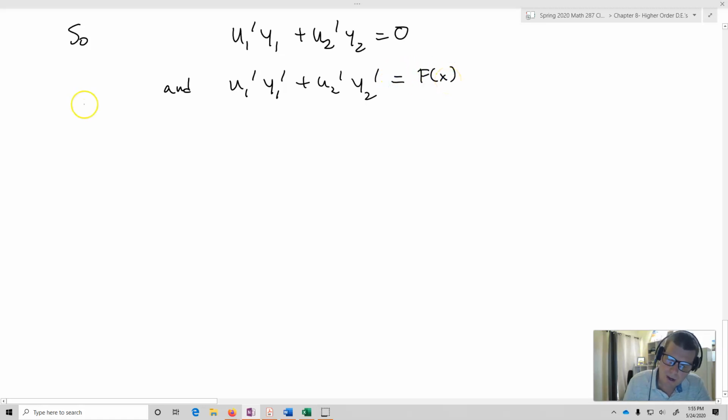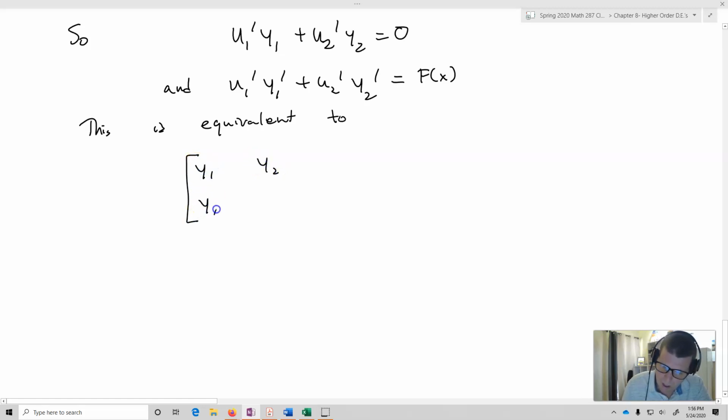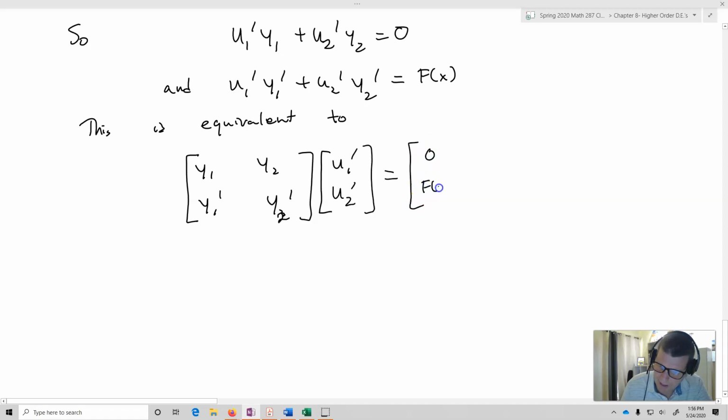What you want to see here is that this is now a system of equations. This is equivalent to the matrix y1, y2, y1 prime, y2 prime times u1 prime, u2 prime, equals 0 and f of x.